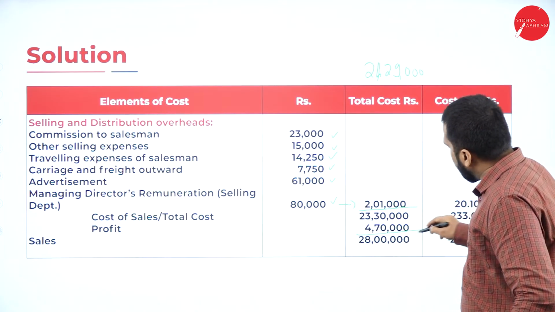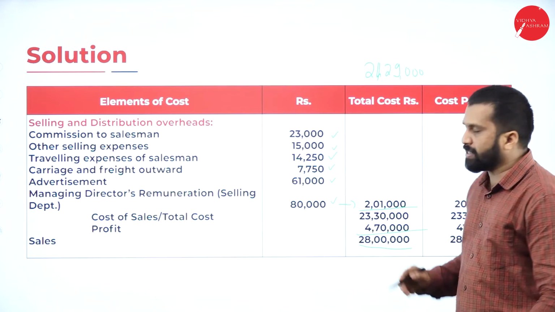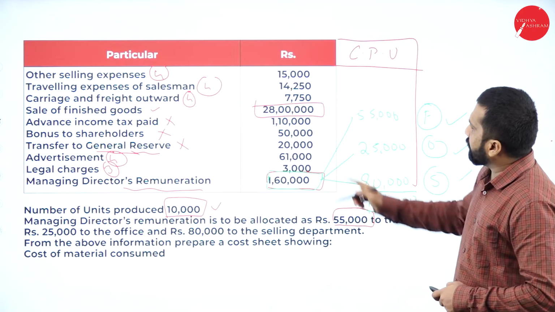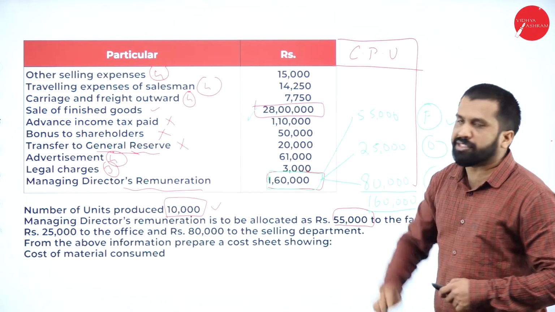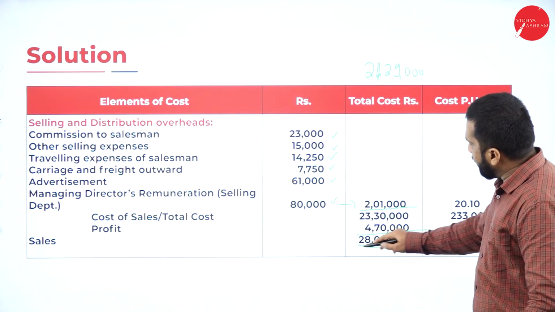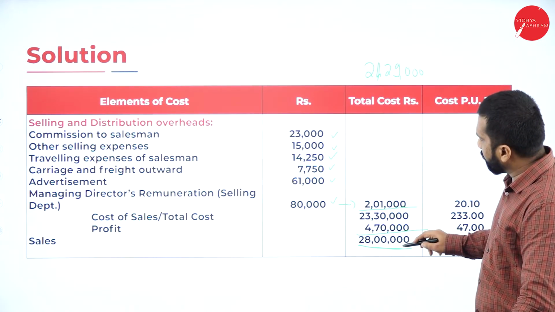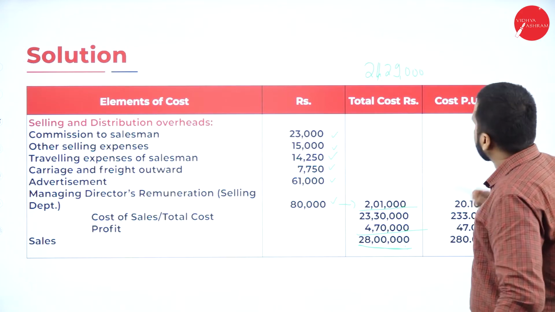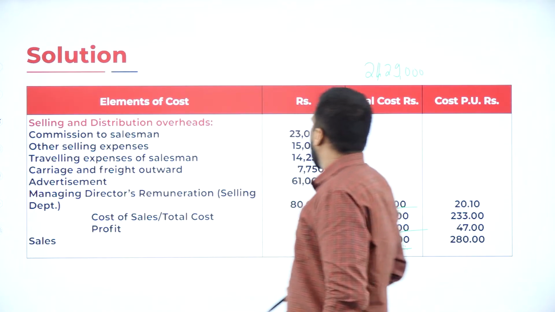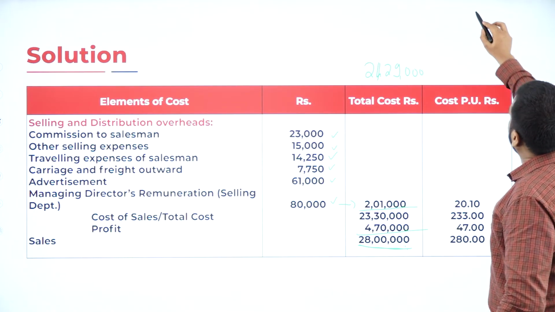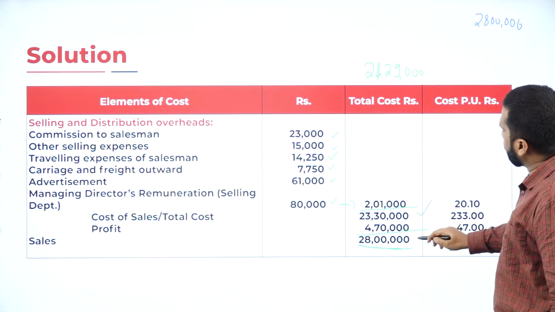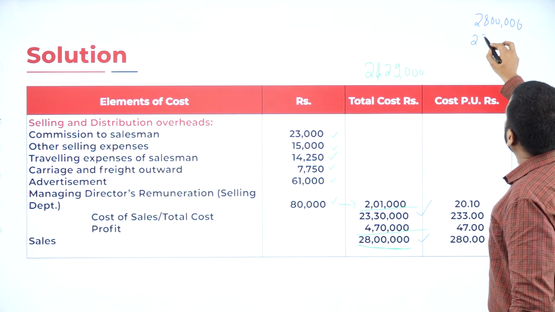Now, you know this selling price. Where is the selling price given? I'll go back to the question. See, in the question they have given the selling price is 28 lakh. 28 lakh is your selling price. From 28 lakh, minus your answer 23 lakh 30,000.